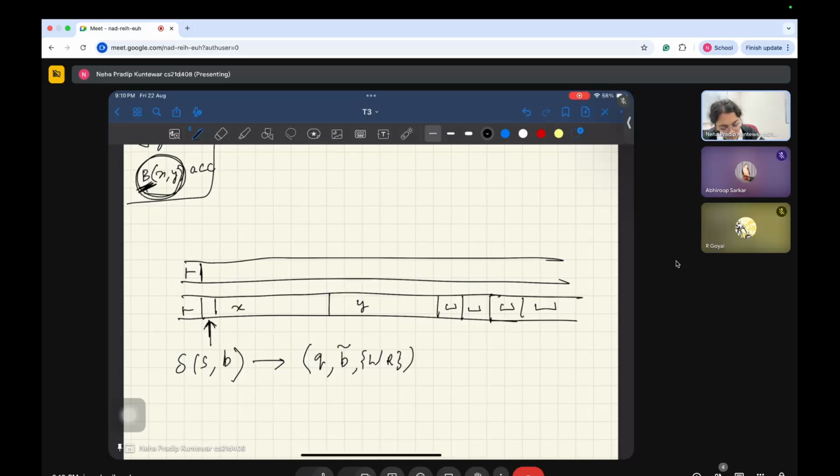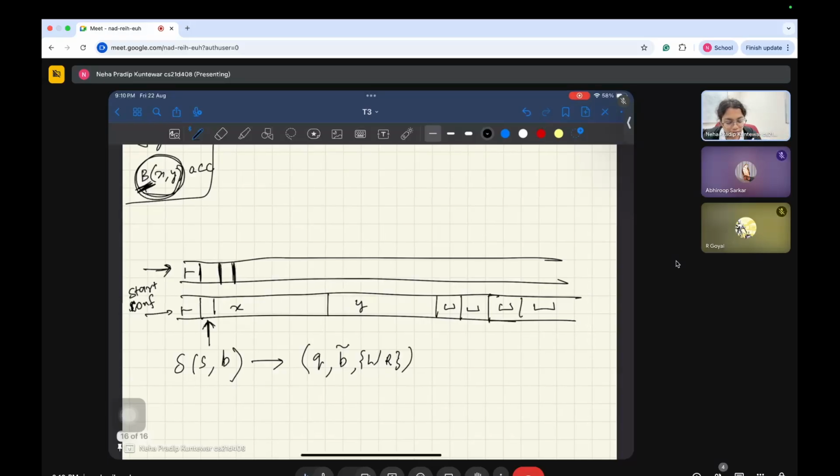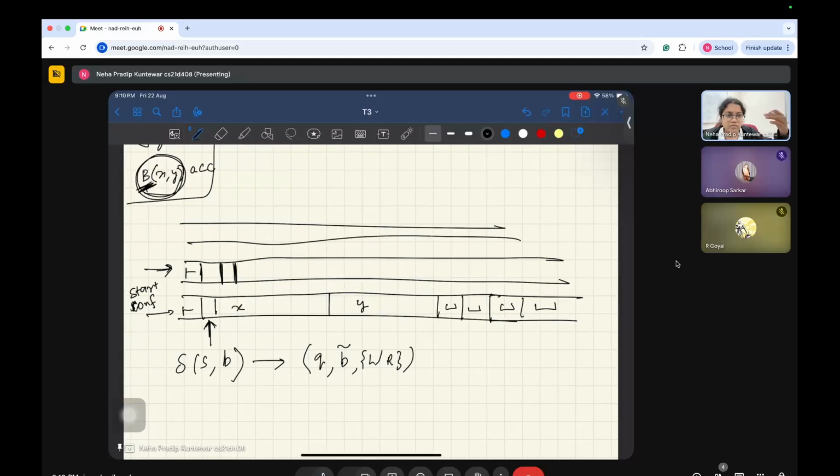So what I'm writing here is the starting configuration, and this thing is what happens one step after the machine runs. Basically I'm just writing the next configurations here.